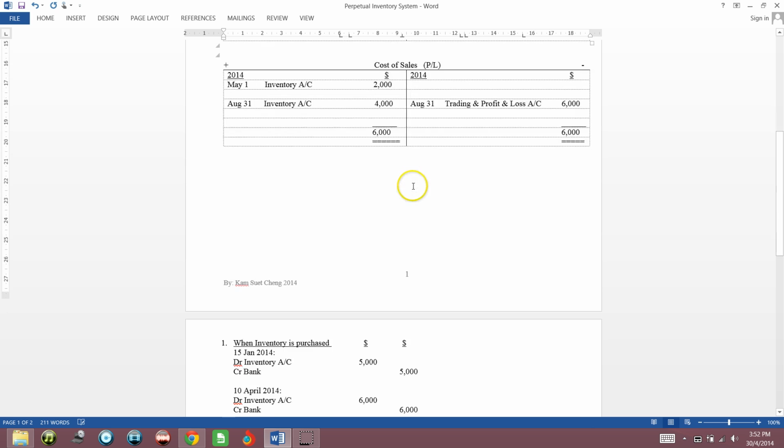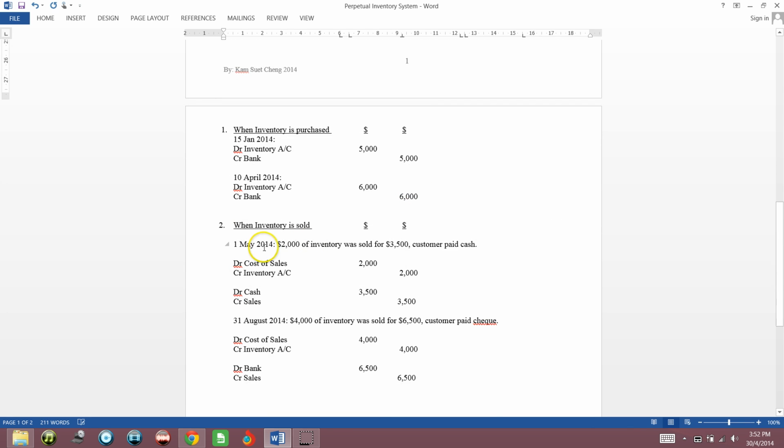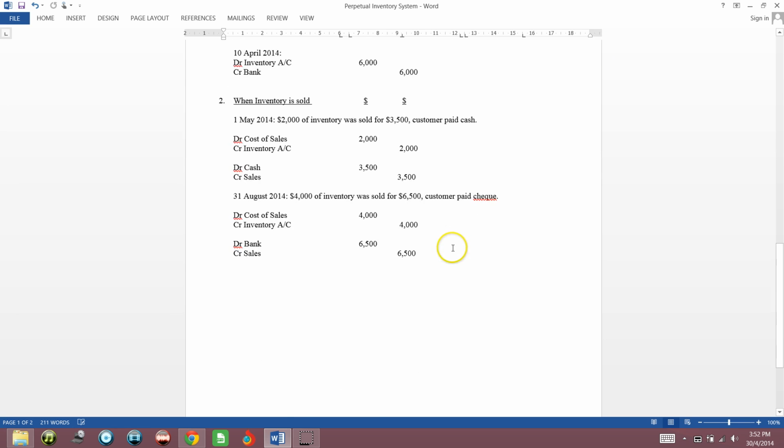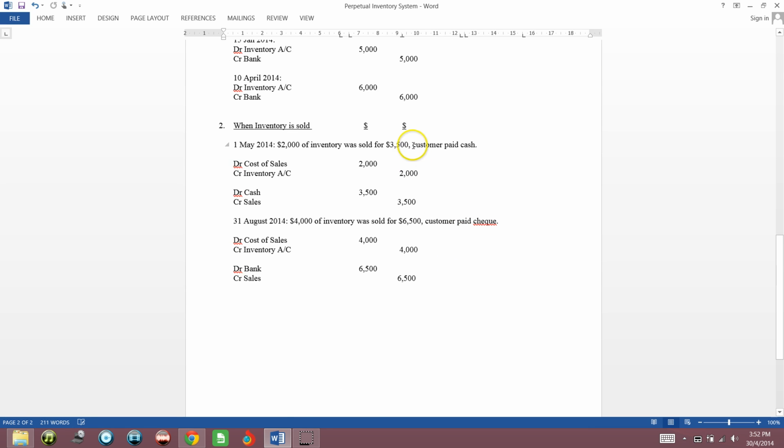Now look at the double entry. On 1 May 2014, 2,000 of inventory was sold for 3,005. The customer paid cash of 3,005 to buy your inventory, which cost the business $2,000. So this 2,000 was sold to the customer for 3,005.